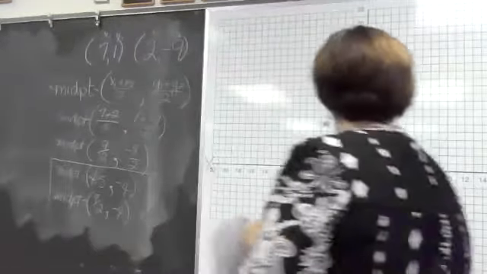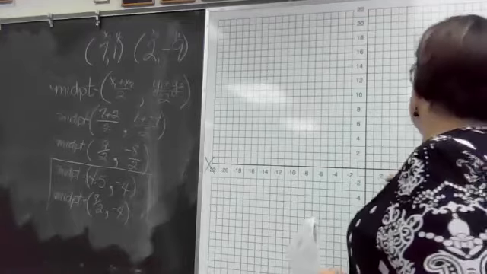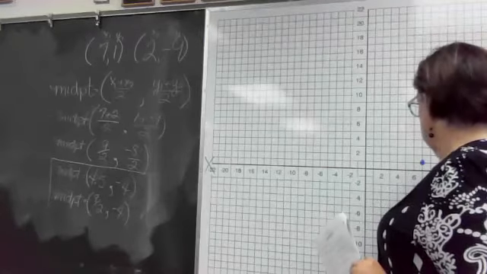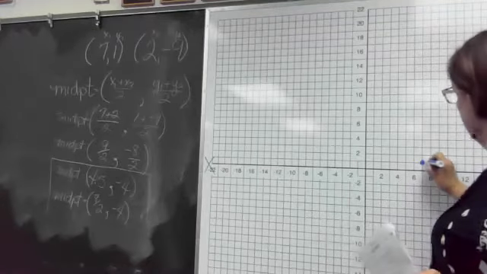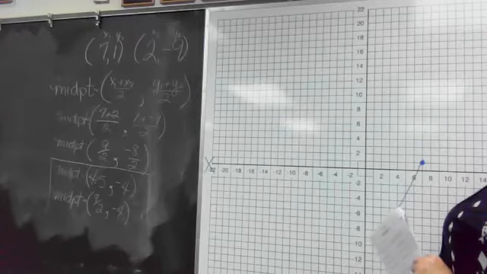The first point is at 7, 1. And the other one is at 2, -9. So this is where the actual line segment is. Oh, not too bad.